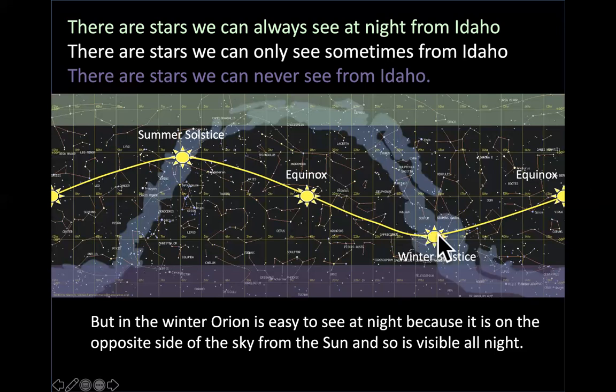What it means is in the winter, the Orion constellation is now really far from the sun. So it's easy to see during the night. And this is why Orion is classically a winter constellation. It's easiest to see during that time. So that's one thing to understand. These stars that are sometimes above the horizon and sometimes not, which ones we can see depends on what time of year it is.